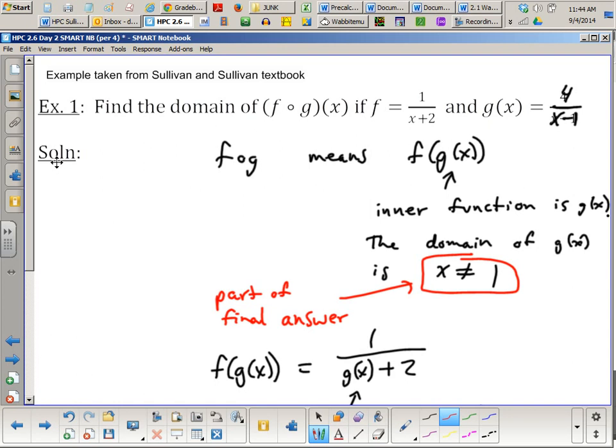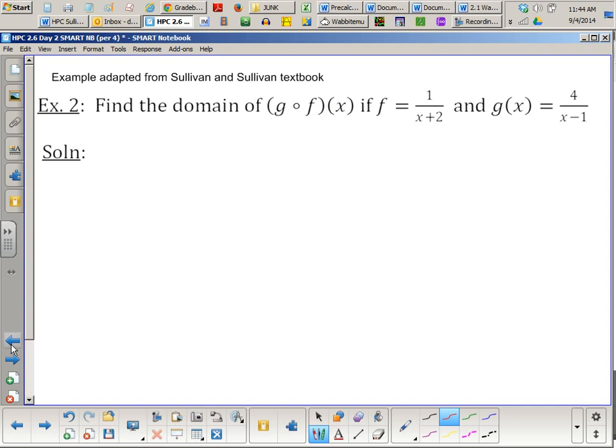Let's try g of f now. So same exact functions. Let's just write it as part B, find the domain of g of f. Same two functions. Okay, so what did I do first? Remember? I wrote down what g of f means, right? So I wrote, g of f means this. I identified the inner function. So what is it this time?